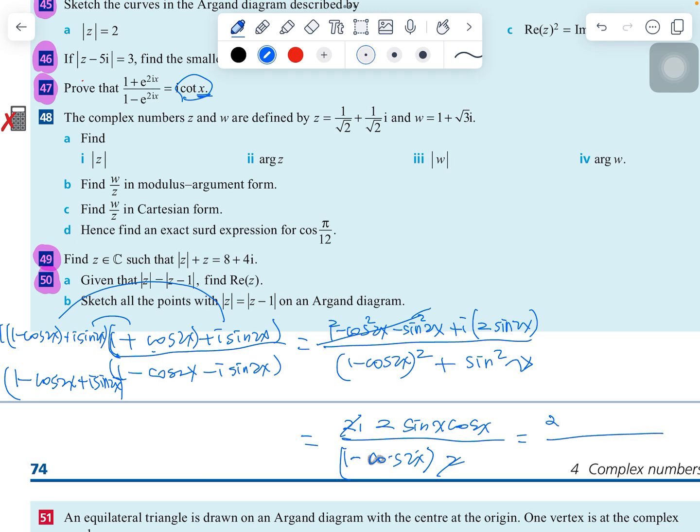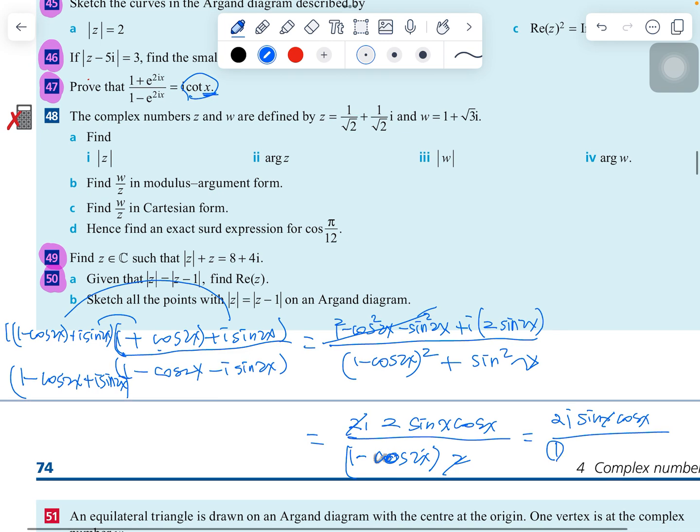The numerator is 2i sine 2x, which is 2 sine x cos x, and in the denominator we still need to go to the single angle. Cos of 2x has three different formulas, but since we have this one, we use the formula to eliminate this one: 1 minus 2 sine squared x.